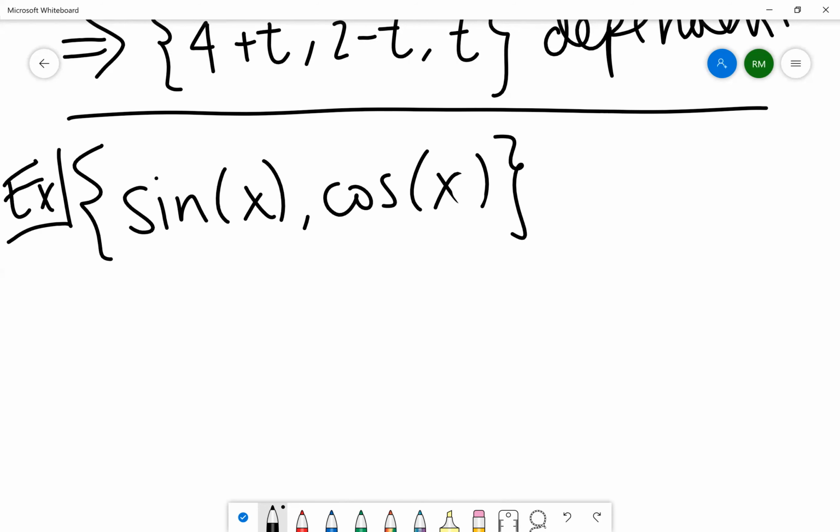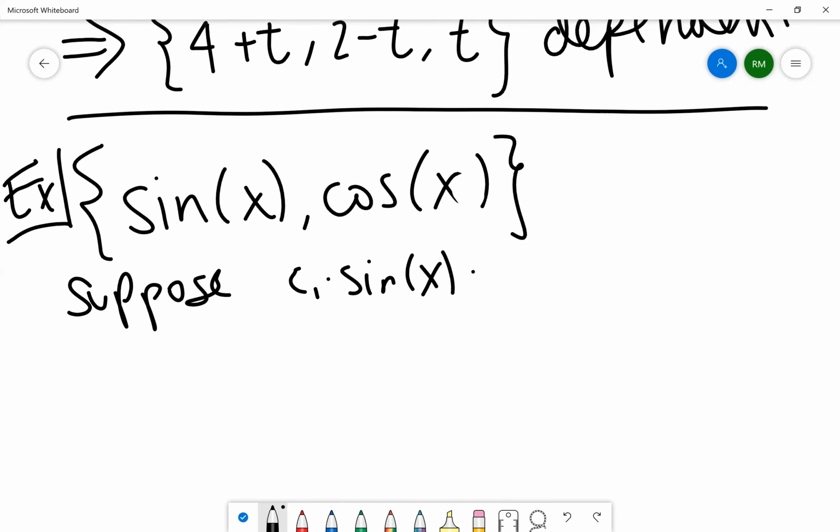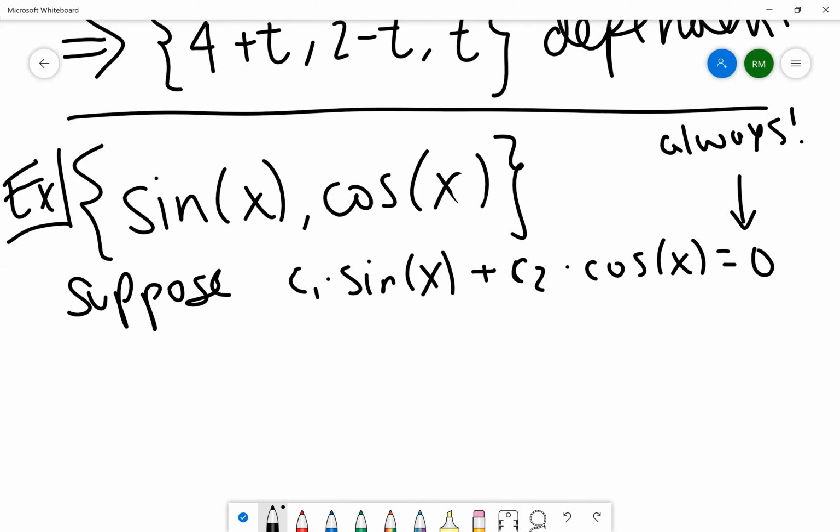Let's suppose that there was some way to combine the sine of x plus the cosine of x and always get 0, for all x. Okay, well, what would we notice?